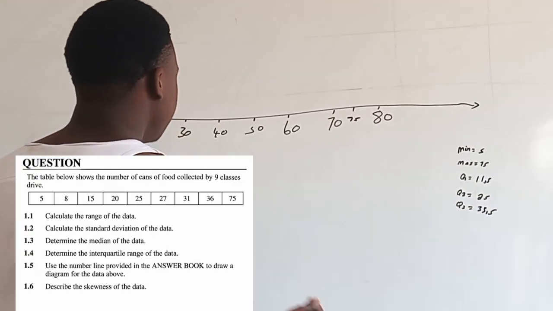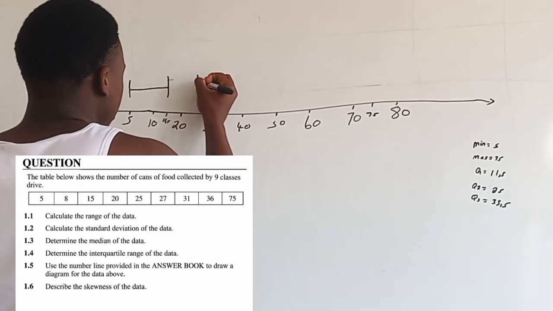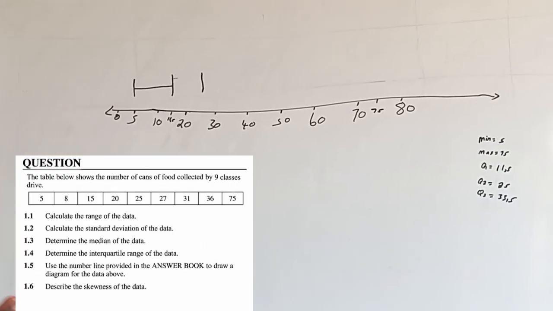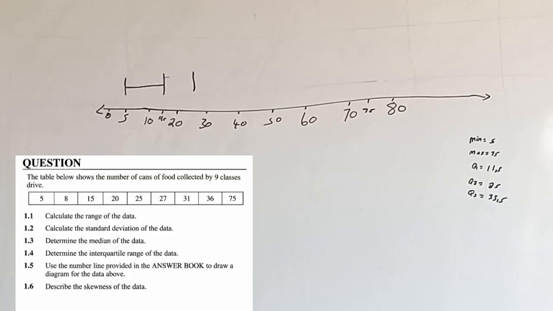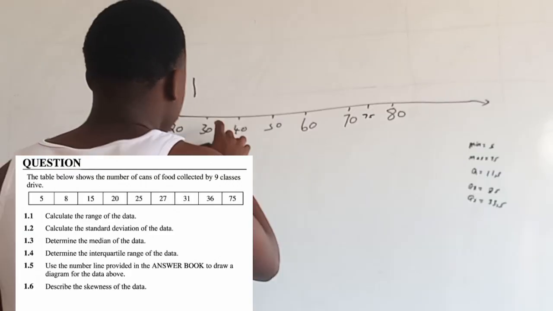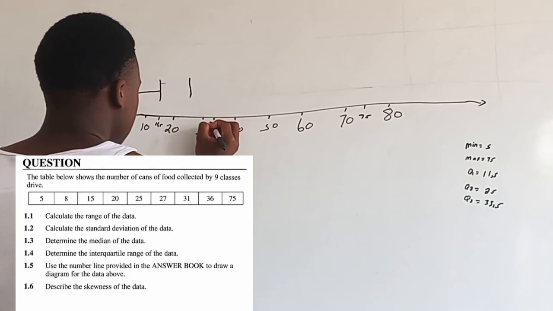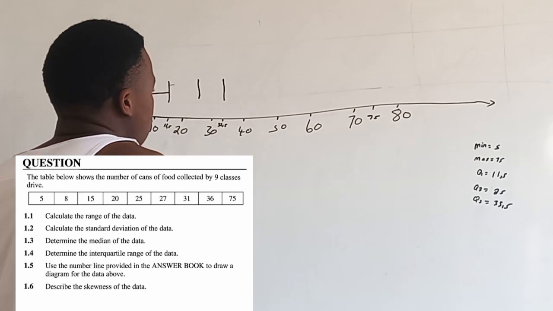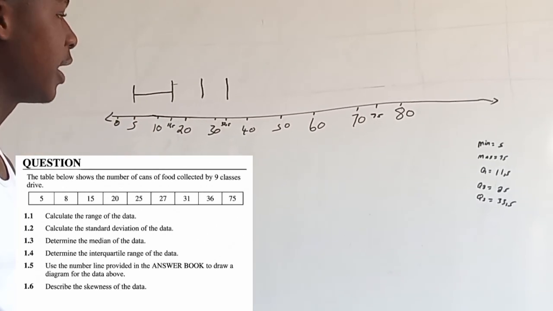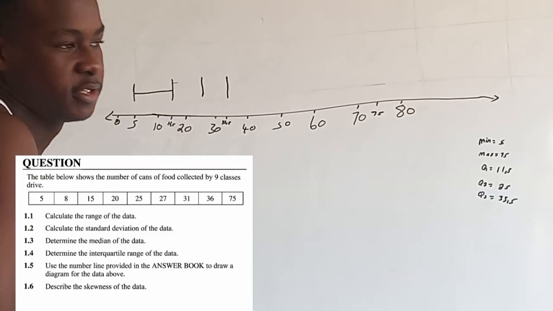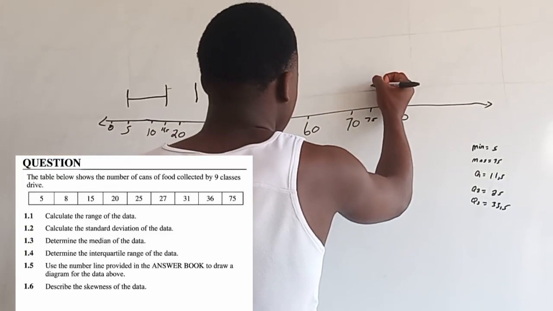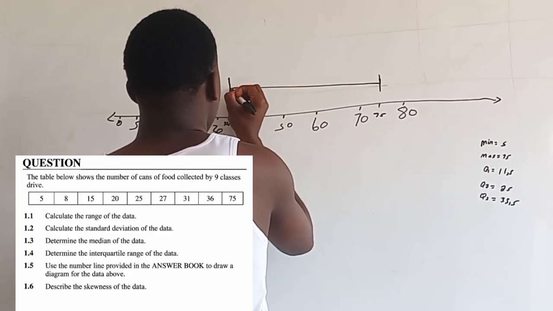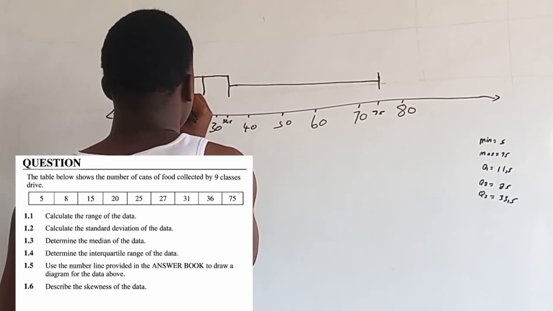You come here and draw another line, which is the median. Then Q3 is 33.5. It's going to be here somewhere, and you also draw a line like this. And then our max is 75. So you come to 75, you draw a line, and then you join them.